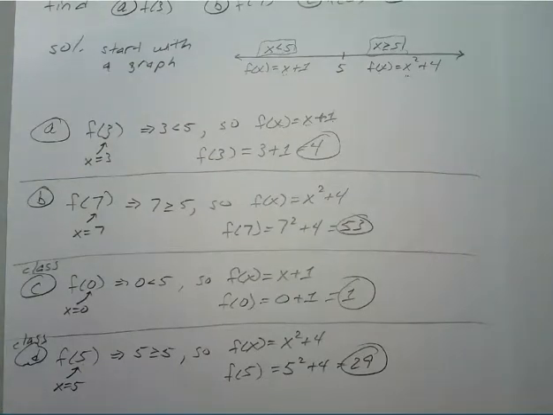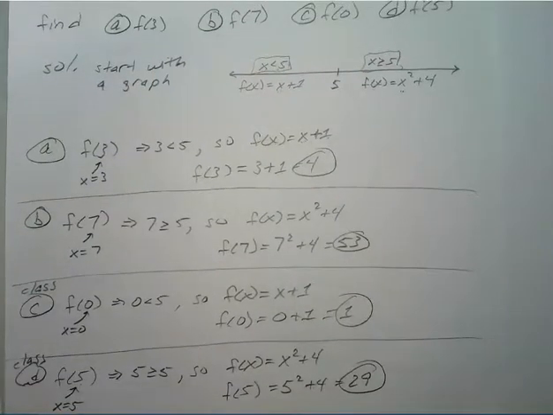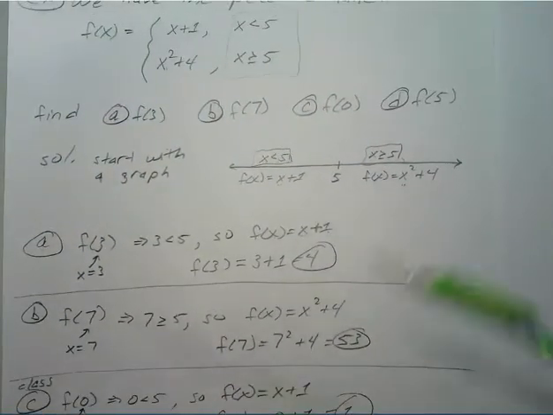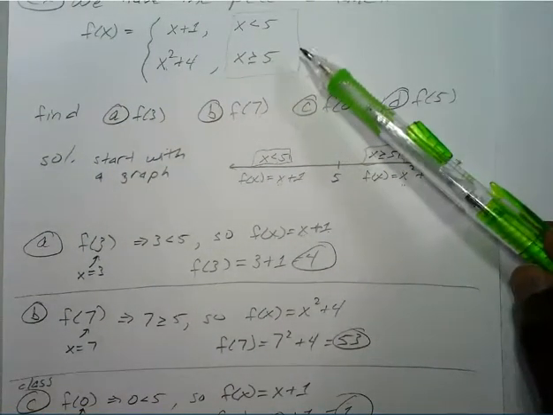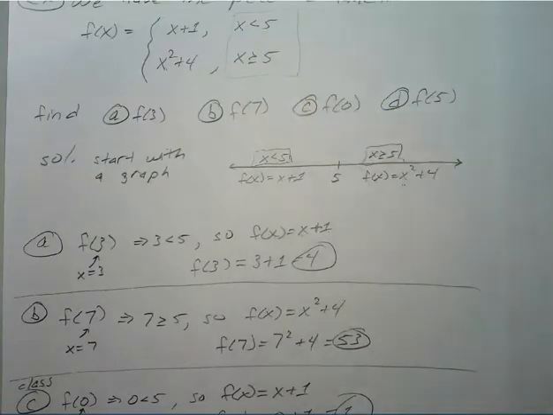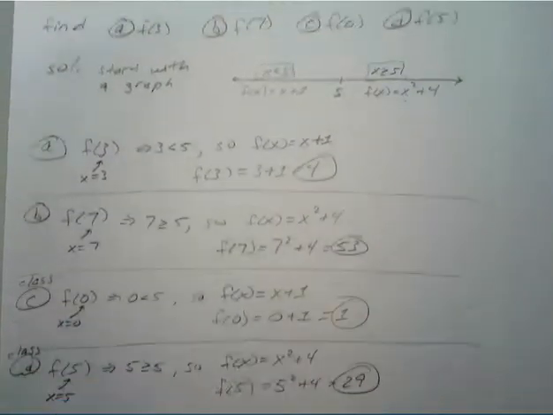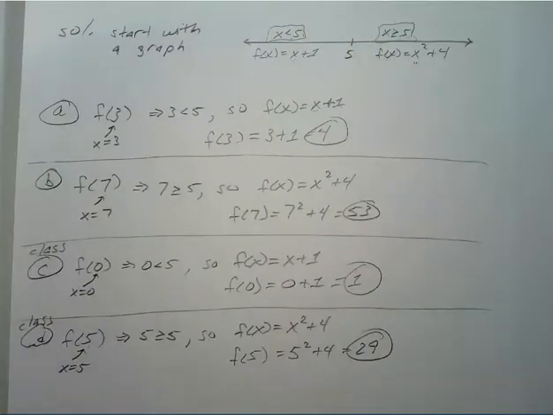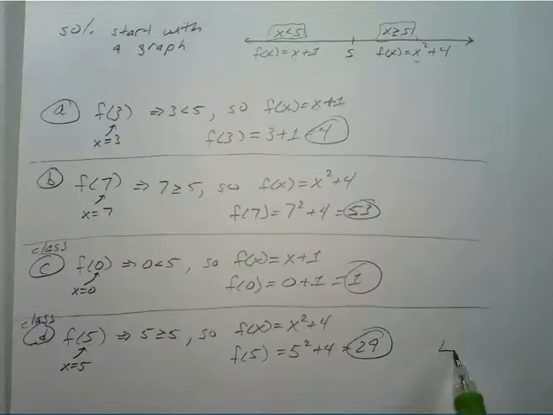Once you understand that everything you do revolves around your constraints, you'll be okay. If you are still writing, feel free to press pause, but we're going to go ahead and move on to our next example.